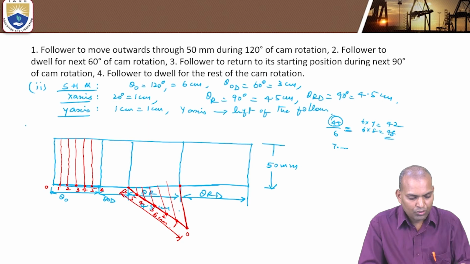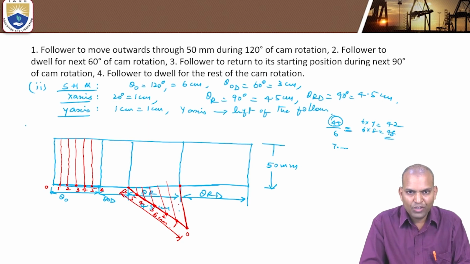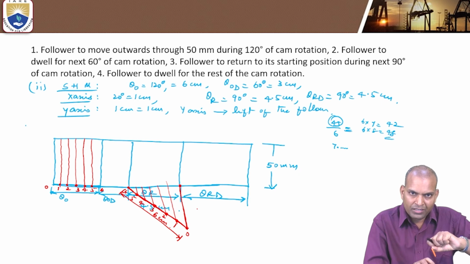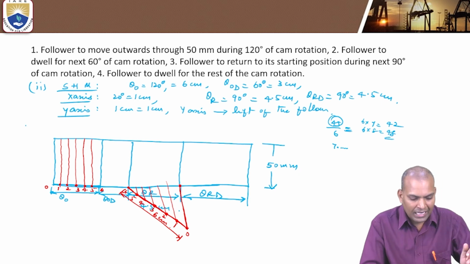Even though the way I have drawn it manually is not exactly equal, if you fit the mini drafter scale to this O and this corner, fix it, and draw the parallel lines passing through the equal divisions of the inclined line, then you will get equal parts. Alright.